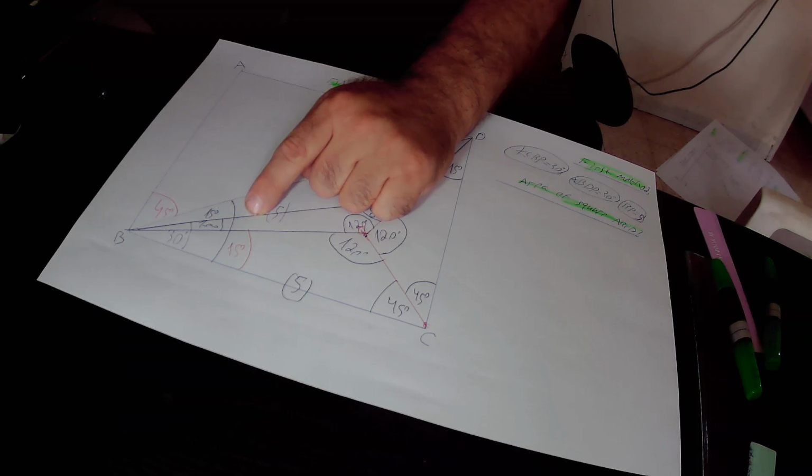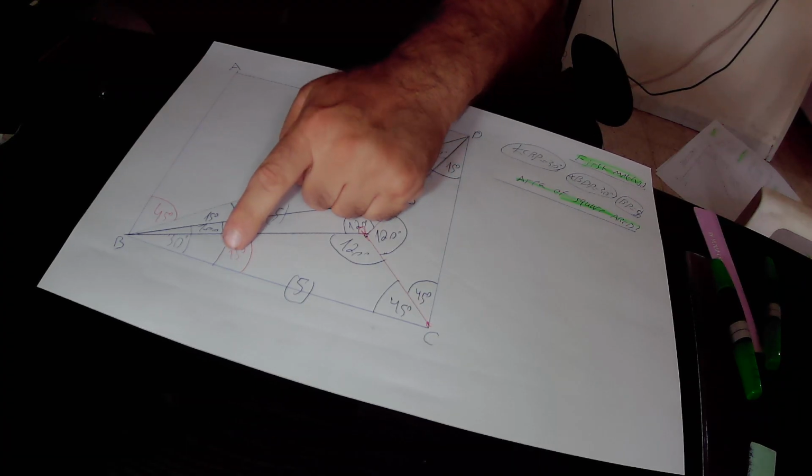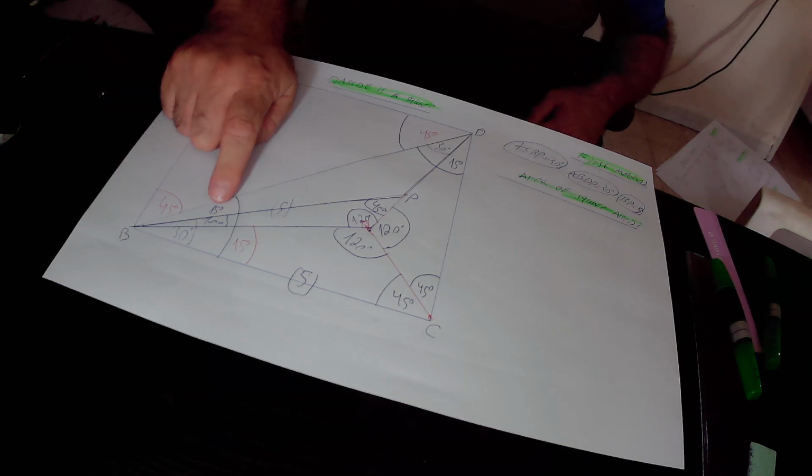So the second half must be equal to 45 degrees in size. This is the second half. Therefore, this fifth angle must be equal to 15 degrees in size. Why? Because 15 times 3 is 45 degrees, that is the size of this second half of angle ABC. So this angle equals 15 degrees in size.